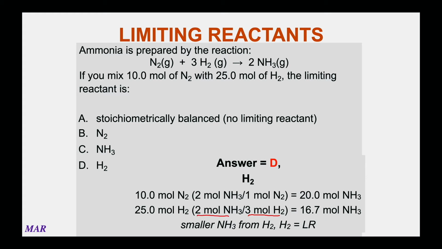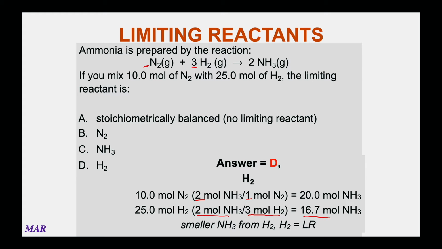And that's where we multiply the 25 by, and we get the 16.7 moles of ammonia. If you do that for the nitrogen, 10 moles of nitrogen, it's a 1-to-2 ratio. Notice the first number is the same, but the second one changes because, again, 1 N2 for every 3 H2. Anyway, you end up with 20 moles of NH3.